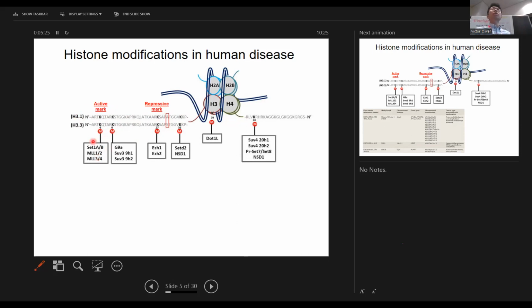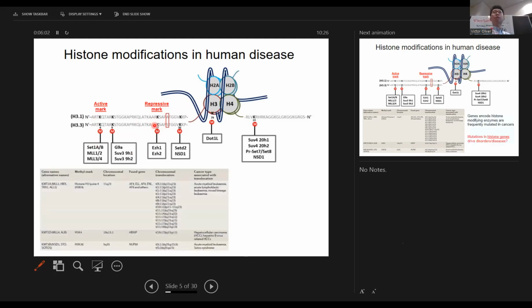And the methylation of lysine 4 of histone H3 is an active mark. K4 trimethylation is an active mark which can be present in the promoters of actively transcribing genes. While on the same histone N-terminal tail, lysine 27 of histone H3 can also be methylated. And the trimethylation of lysine 27 of histone H3 is a repressive mark. Genes that are epigenetically silenced are usually marked with this histone modification at the promoter region.